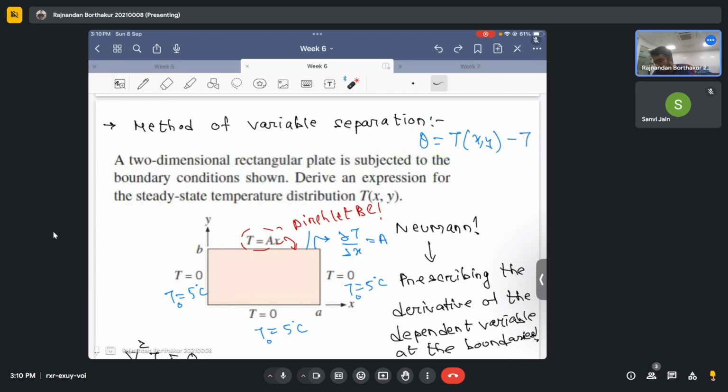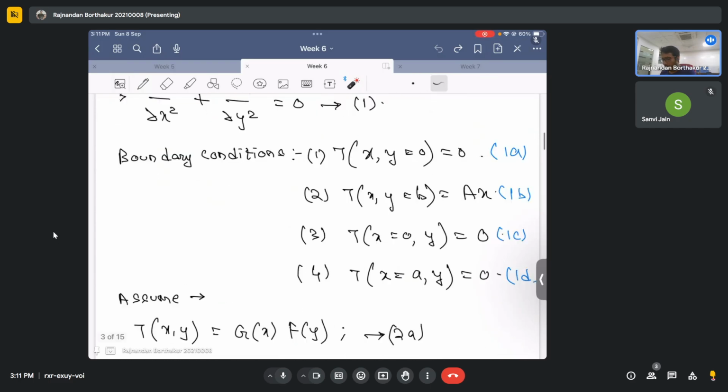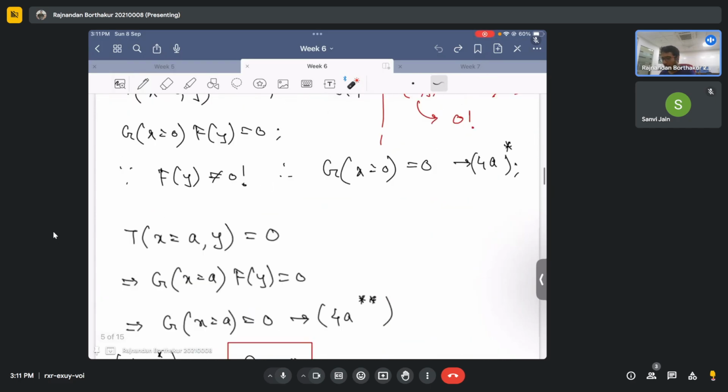You may encounter a problem where the temperature is not equal to 0 degrees Celsius on the faces, and still you can apply the method of separation of variables just by transforming to a different variable theta, which is the temperature minus the temperature on the three faces. That's a simple transformation that you need to do, and the rest is similar to what we did yesterday. We will not go into the details because we have seen this yesterday.